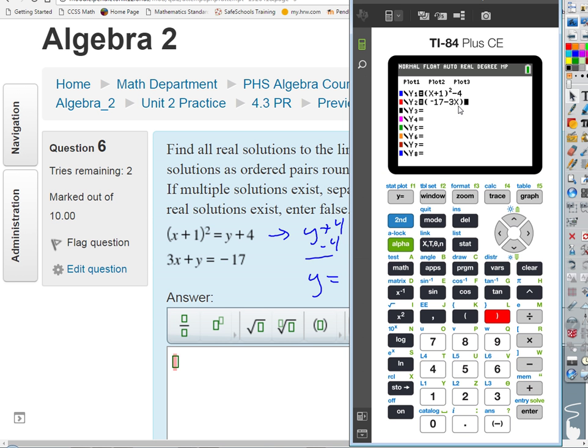I can just leave it like that; I don't even need the parentheses in this case. And how about if we go zoom standard, just to see what it looks like.